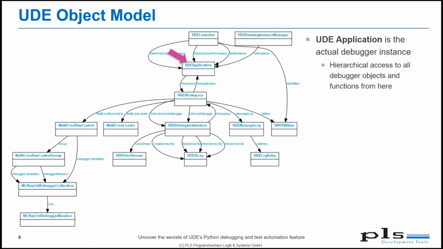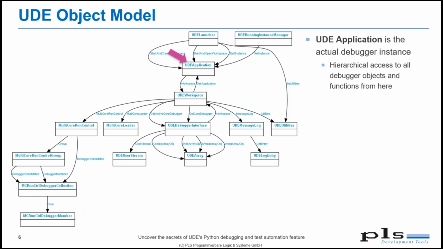From that, you get the UDE application object from where you can start to obtain all the other objects in the hierarchy and proceed in the path to the object with the debugger functionality you want to use.